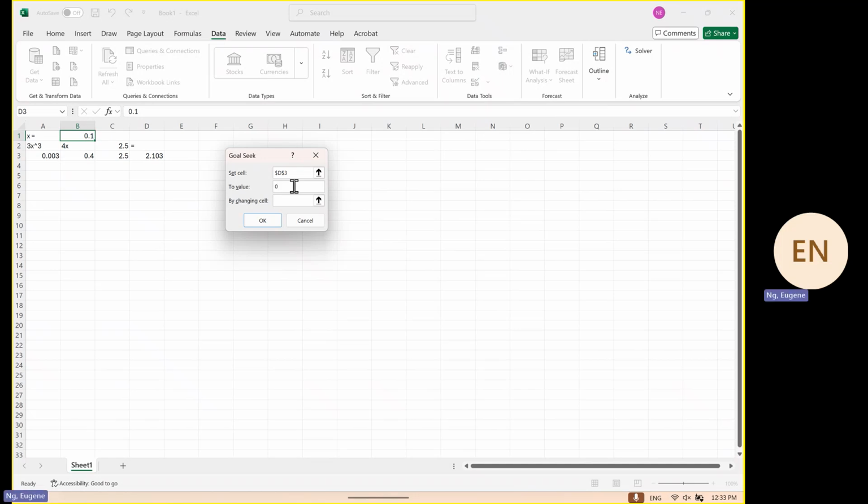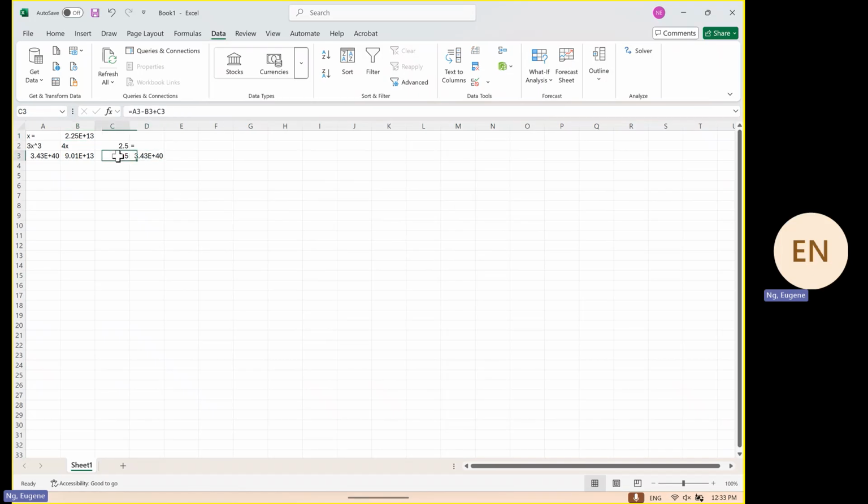Okay. And for that to be equal to 0, you have to be changing this value over here. And then from then on, you put OK, and you just wait. So the computer is doing something and it is not having a very good time being successful. I wonder why. So that is not the right answer.